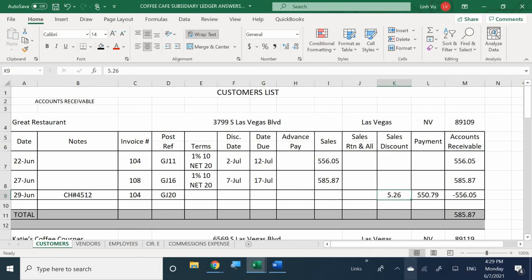Oh, no wonder my numbers don't look right. We just need to finish filling out the front part like you did. We already did the math before. So our current balance that they owe us is still going to be $585.87. That's all.